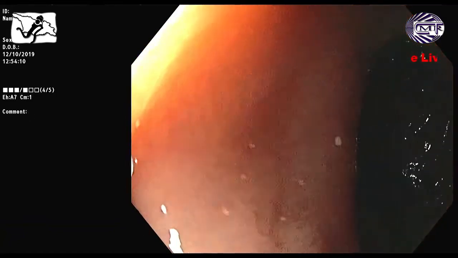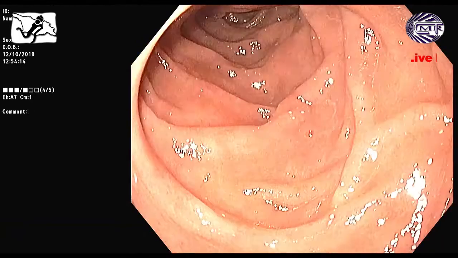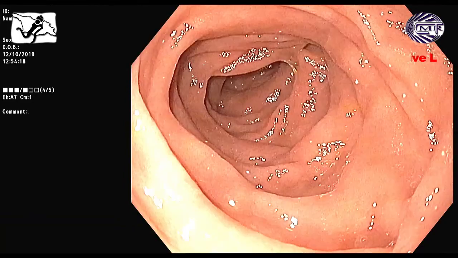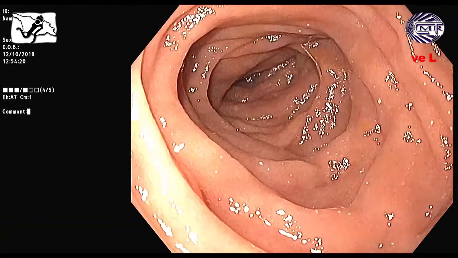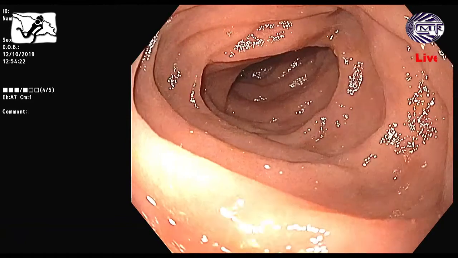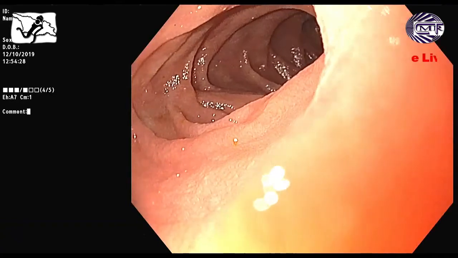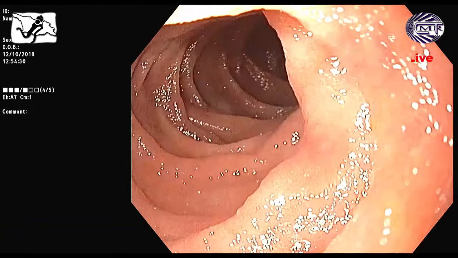Can you push the patient's abdomen? If you need to get in more, please put your assistant hand on the patient abdomen like that, and then get in, right? Sometimes I used to get in the duodenal third portion like this. Okay.